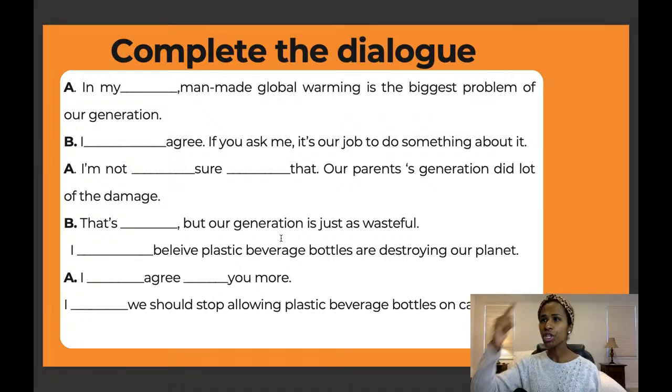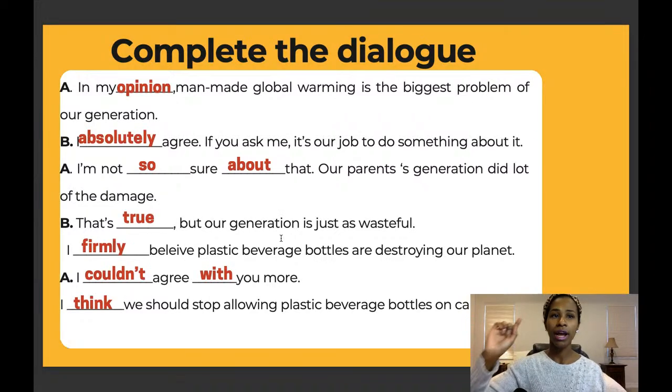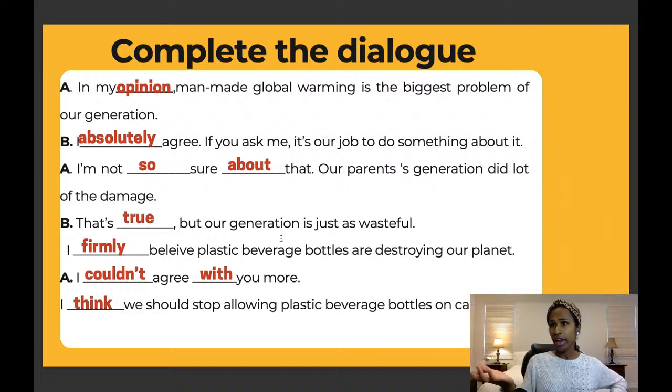So I think we should stop allowing plastic, or I believe we should stop allowing plastic beverage bottles on campus. So this is what I have as answers over here. Of course, there are other ways to fill in these blanks, and this would be the way.